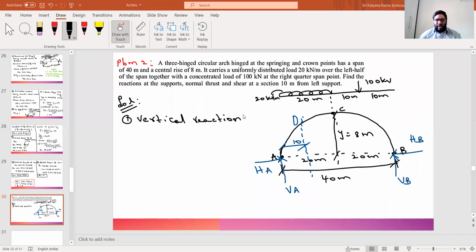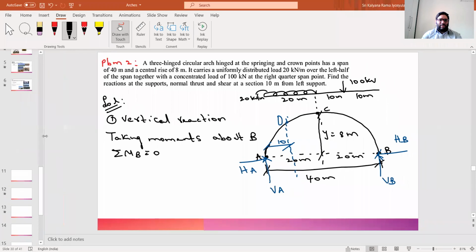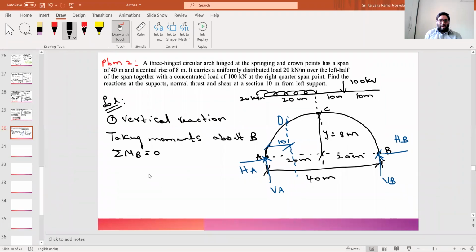When calculating the vertical reactions, we need to take moments about B. So taking moments about B, sigma MB is equal to 0. We consider the moments of all the forces about this point.